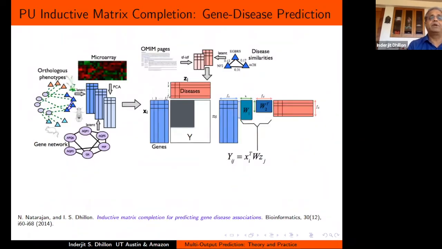And in practice, we can apply that idea to the problem that I mentioned to you before about predicting gene-disease relationships. So given, let's say, a particular disease, can you try and predict genes that are related to that disease? And here, now you can try and put lots and lots of data as features. So for example, gene networks, data from different species, when we map them all onto the human genes, we can look at microarray data, do PCA, and we can basically bundle them all together and put them as gene features.